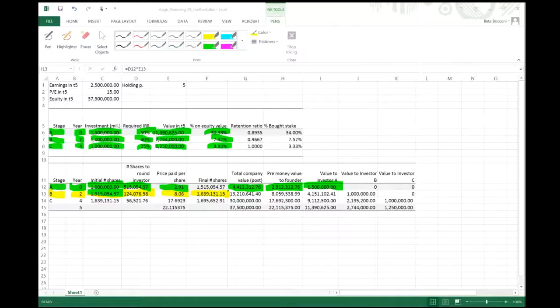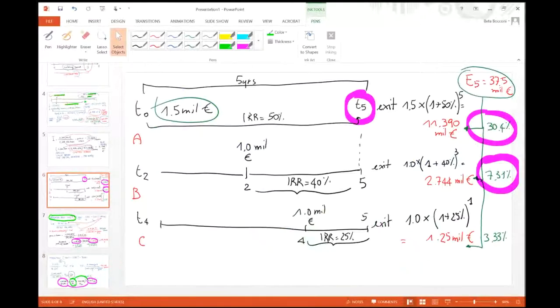And we can now close the loop with the final investor that is entering after all the other guys. And you can imagine that his retention ratio will be exactly 100%. Because from year number 4 to year number 5, no other investor gets inside.